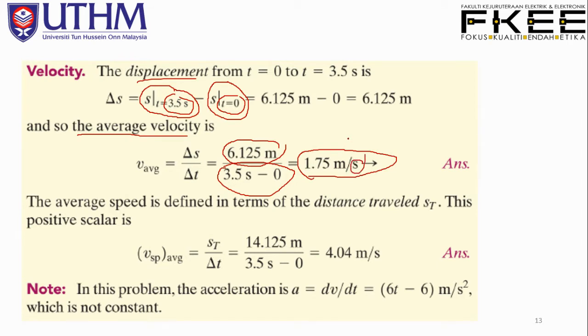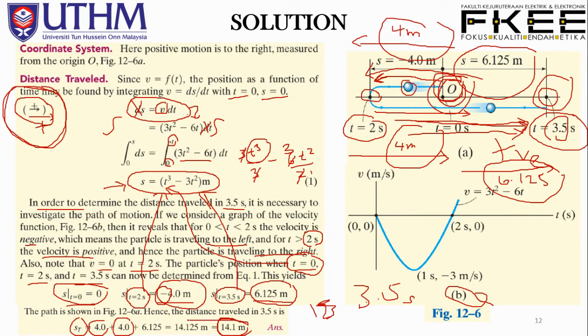second. And then the average speed is defined in terms of the total distance traveled. This is a positive scalar, if we consider the total s covered or traveled by the particle, which is 14.125 over here, as we obtained earlier.